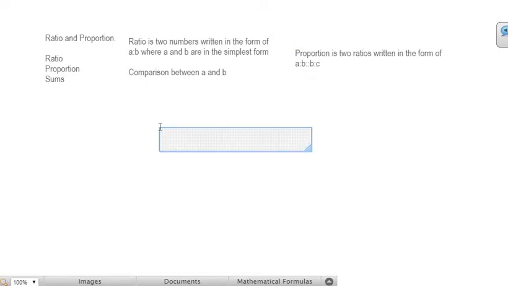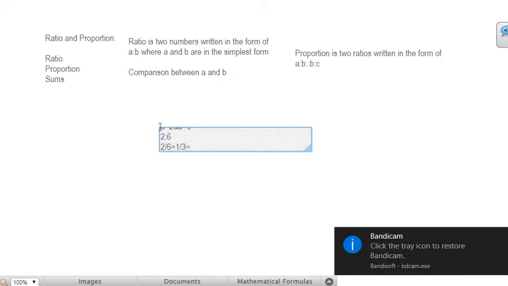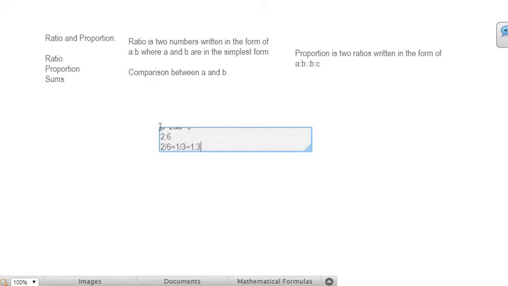Let A be equal to 2 and B be equal to 6. Now ratio will be obviously 2 is to 6, but you need to simplify it. So 2 divided by 6 is equal to 1 by 3 is equal to 1 is to 3. So this is what we get as a ratio.